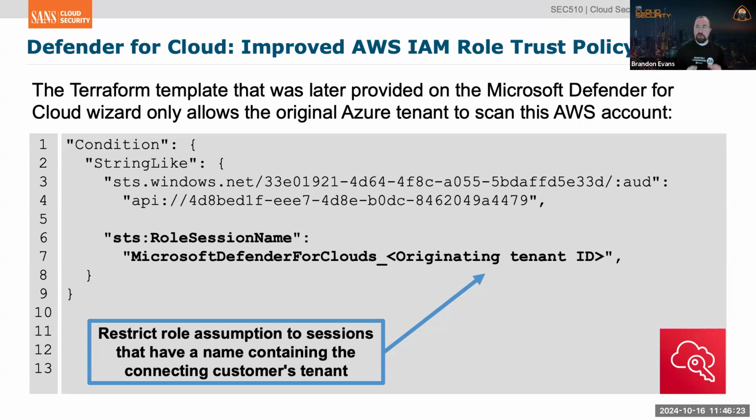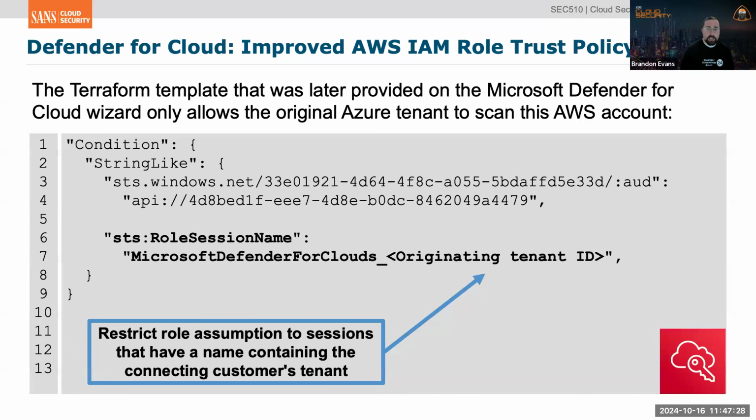Microsoft Defender for Cloud does not have permission to terminate the trust relationship, because if it had that permission, it could terminate other people's trust relationships. Microsoft Defender for Cloud purely has read-only access, so you would need to use your write access in order to eliminate that trust relationship.